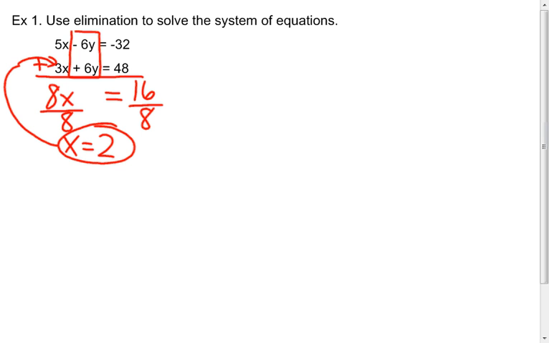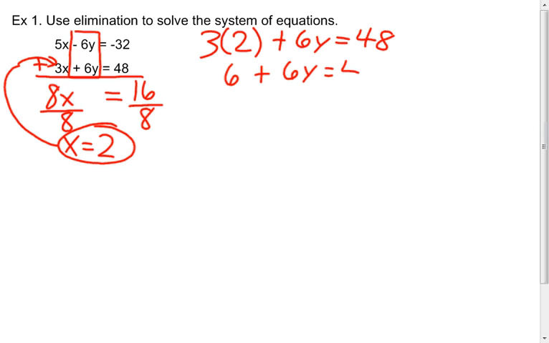So instead of x, I'm going to plug in a 2. Do a little simplifying. 3 times 2 is 6. And now I'm just trying to get the y by itself. Subtract 6 from both sides.